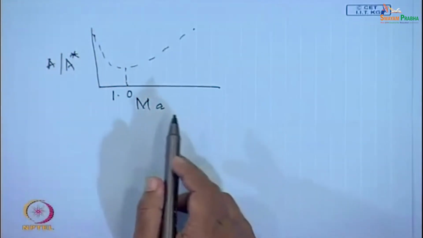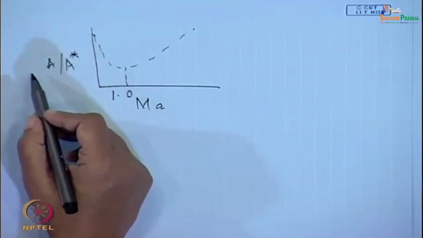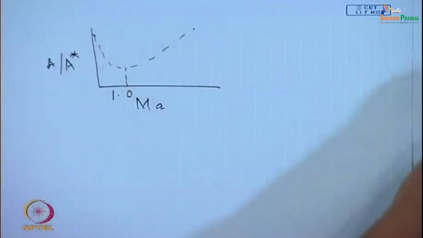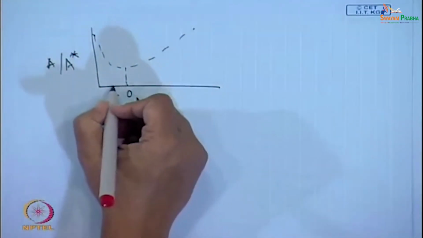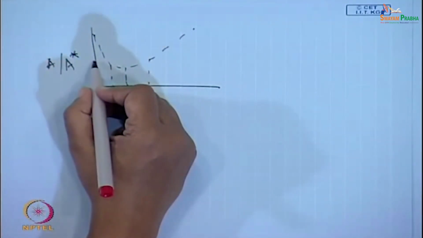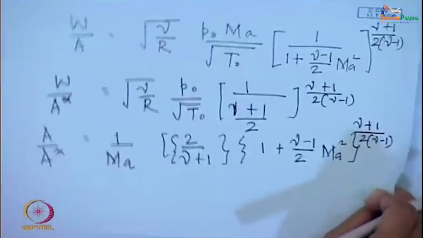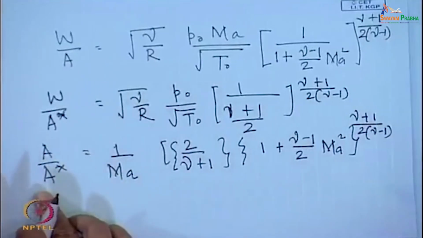We find that for every Mach number there is a unique A by A star. Listen to what I am telling very carefully. If you take any particular Mach number, you find a unique value of A by A star, and this is very evident from this equation also.